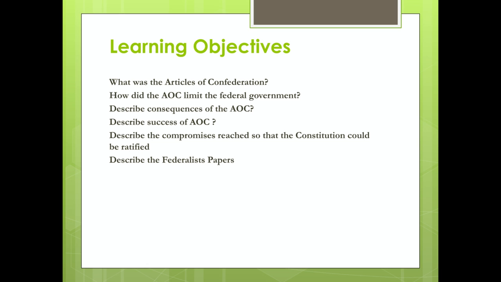Describe the consequences of the Articles of Confederation. Describe success of the Articles of Confederation. Describe the compromises reached so that the Constitution could be ratified. And the last question is describe the Federalist Papers. So these questions you want to either jot down now or you can jot them down at the end of the lesson. Please make sure that you answer these questions at the end.